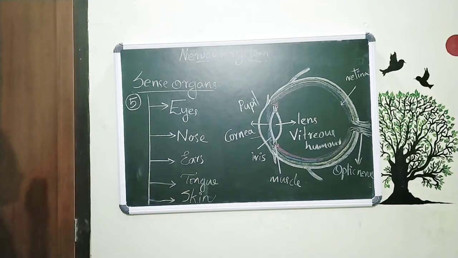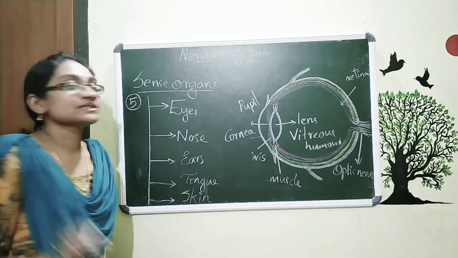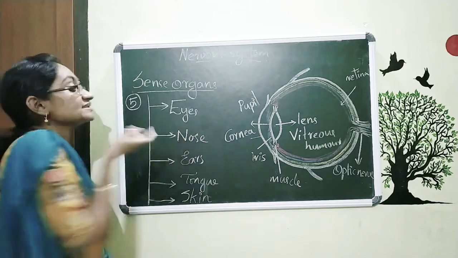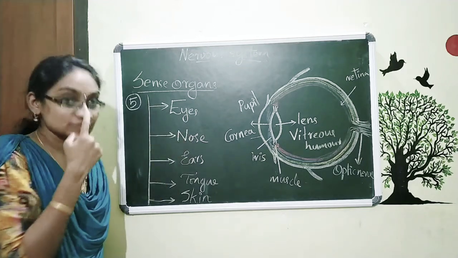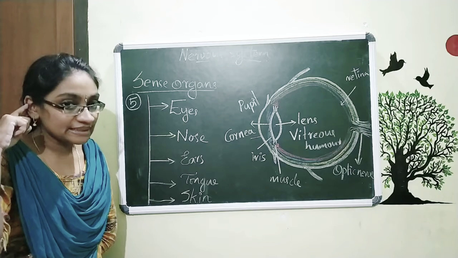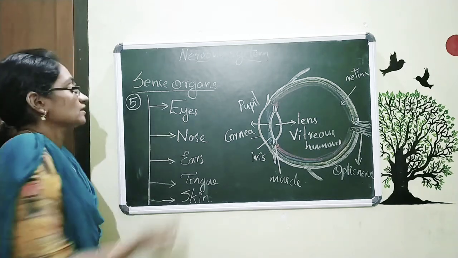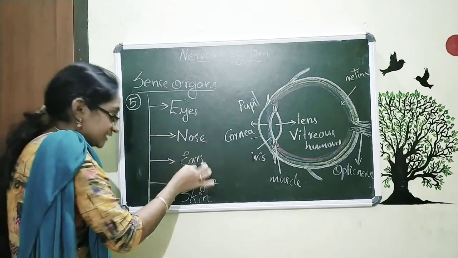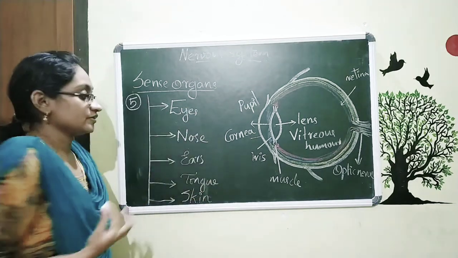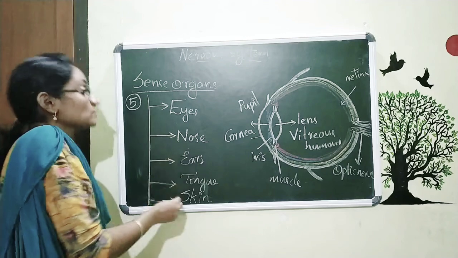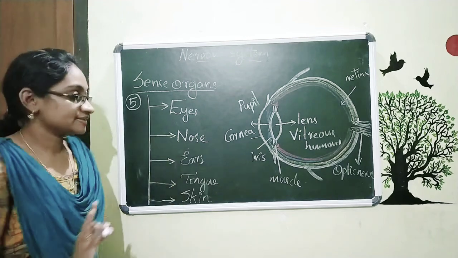So, there are 5 sense organs present in the human body: eye, nose, ears, tongue and skin. You want to remember the names of the 5 sense organs.